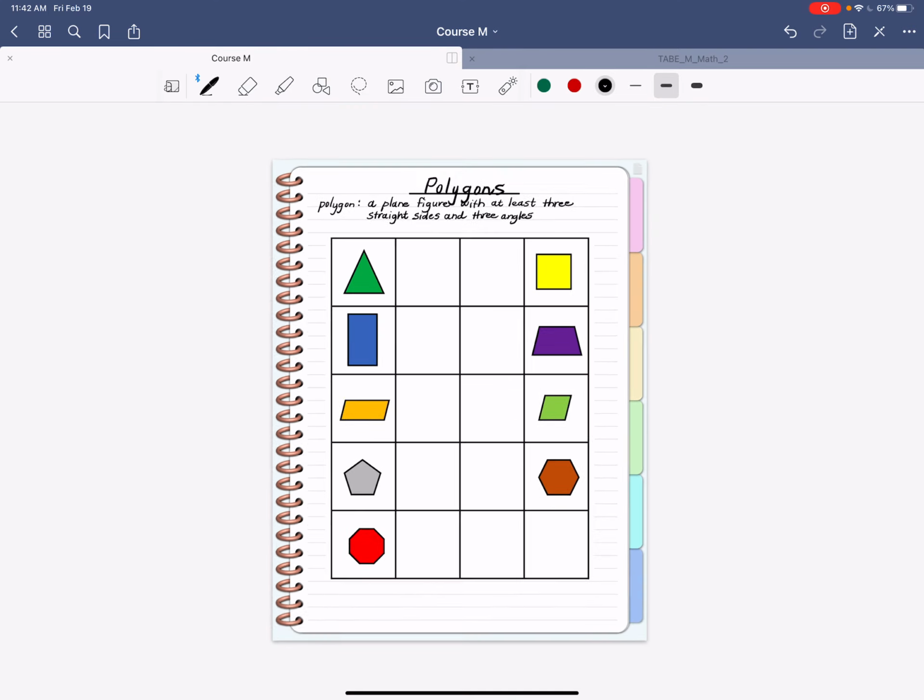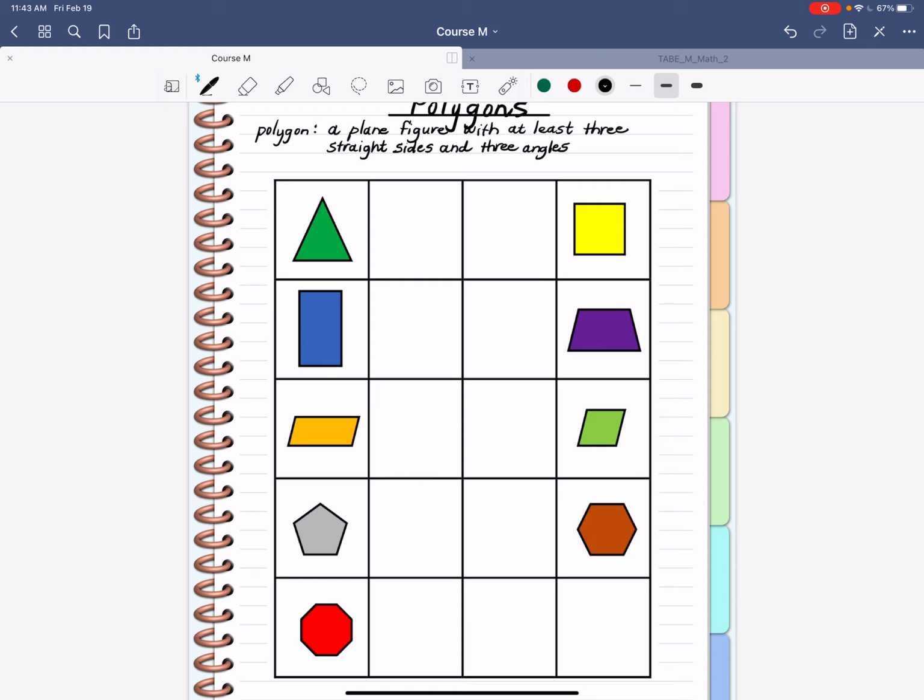So this memory piece is going to help you identify polygons. I've given you different examples of polygons, and we're going to go in and tell the facts, the information about the polygons. If you have watched the assembly video already, which you should have, you've already prepped this piece and it's ready to go.